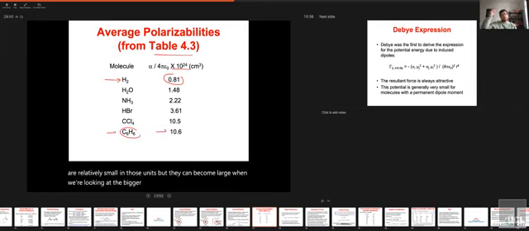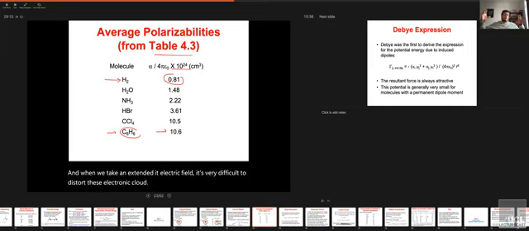And the reason for that is that when the molecules are small, the electrons are very close to the nucleus, and as a consequence, there is a strong electrostatic attraction between the charges. And when we apply an external electric field, it's very difficult to distort this electronic cloud.